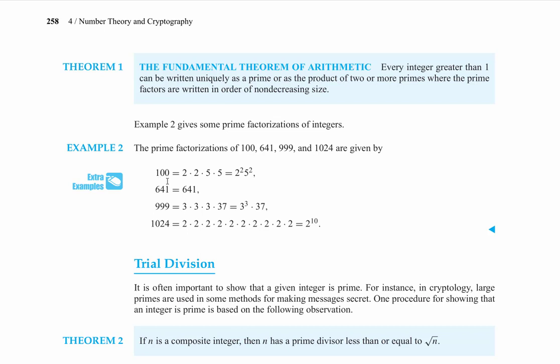So 100, you could break it down the same way. You get 2 times 2 times 5 times 5, or 2 squared times 5 squared.